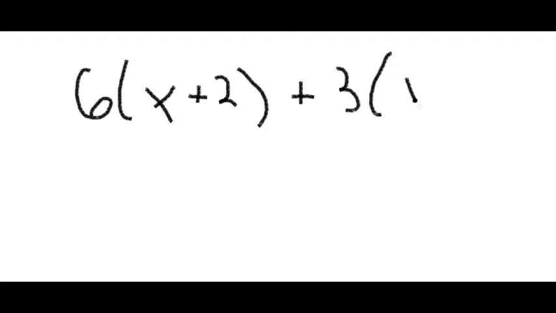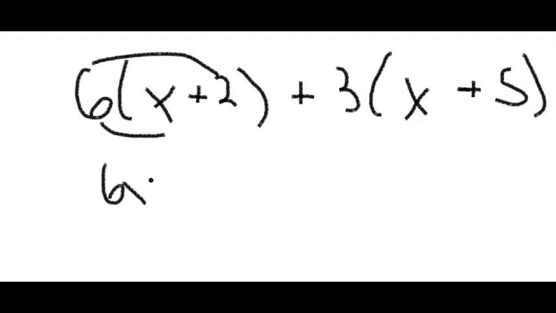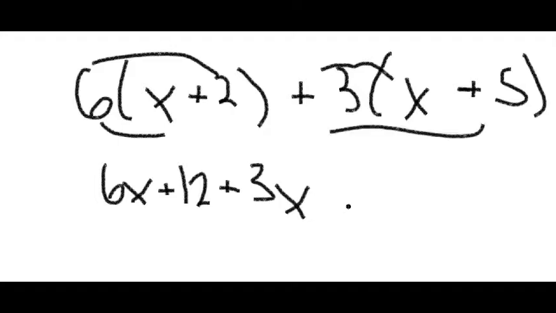Let's say we have 6 times x plus 2 plus 3 times x plus 5, for example. Same philosophy, we got to distribute 6 times x and 6 times 2. 6 times x is 6x, 6 times 2 is plus 12. Alright, next. 3 times x is 3x. 3 times 5 is 15. Now we have to look for like terms.